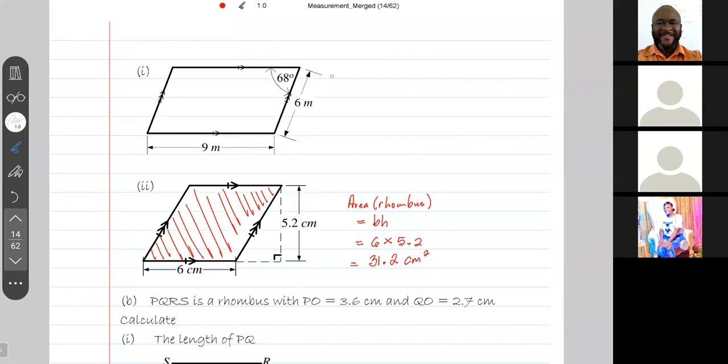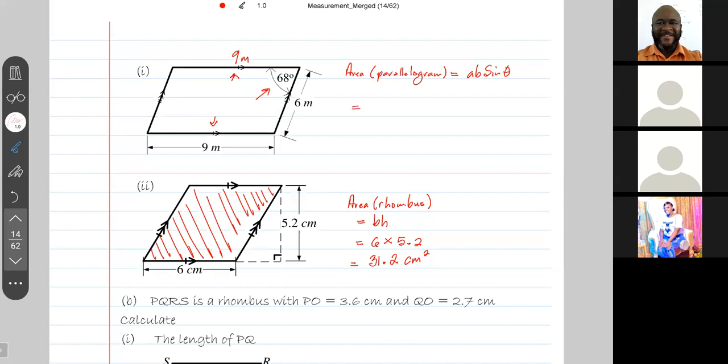So for I, the area of the parallelogram, based on the information I have, the formula I'm going to use is AB sine theta. If this side is 9, it means that this side is also 9. So this is 9 meters. So the two sides are 9 and 6, and the angle between them is 68 degrees.